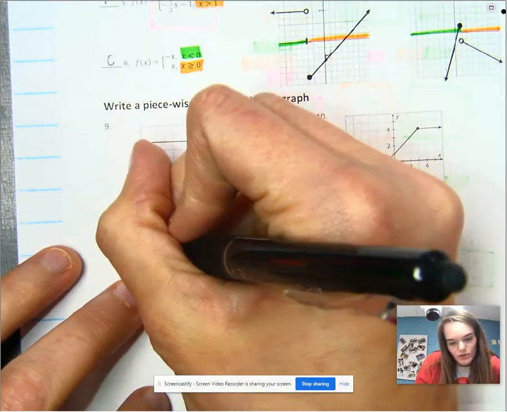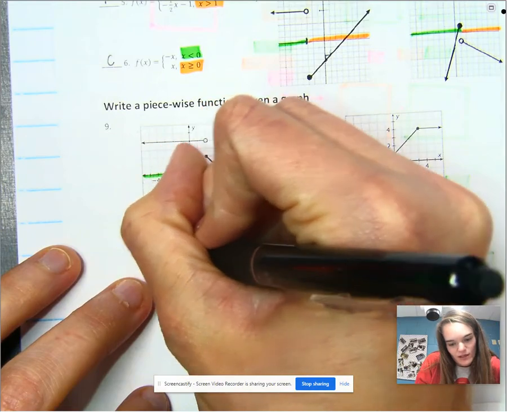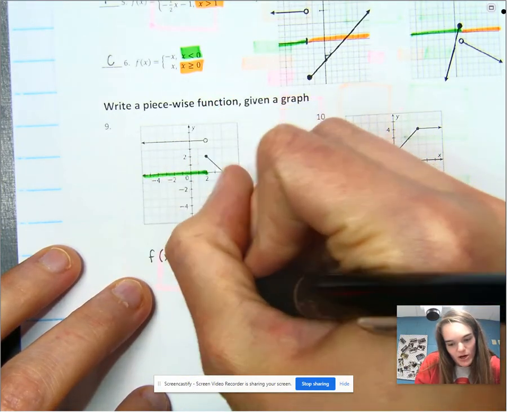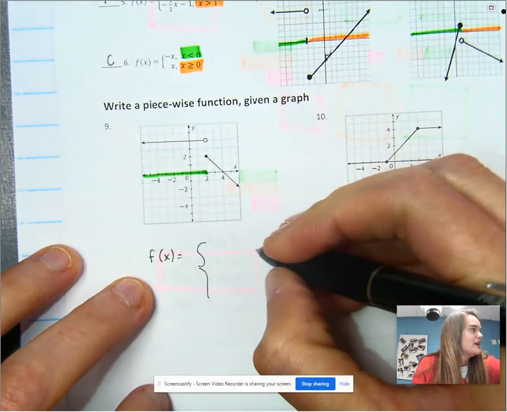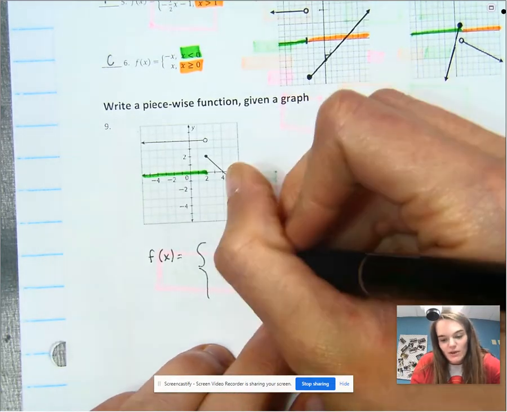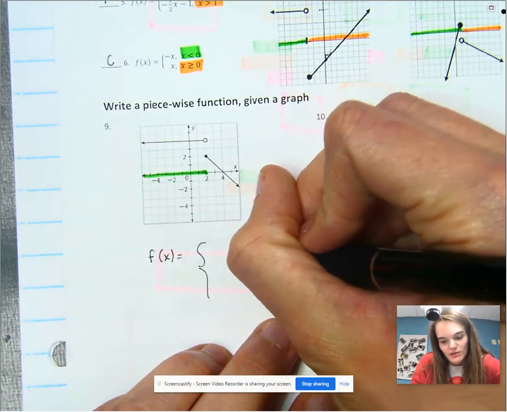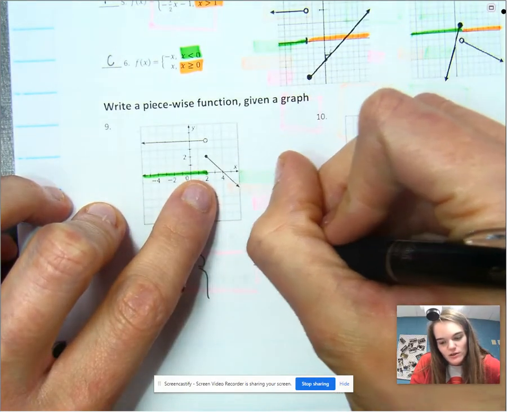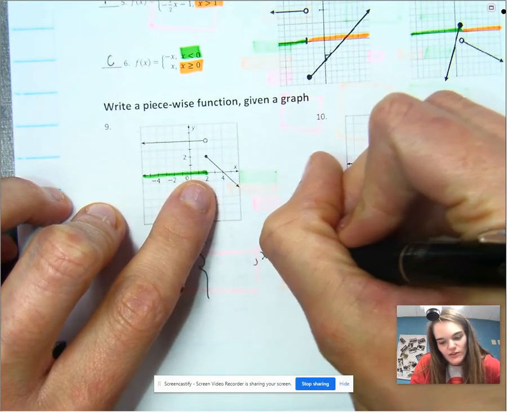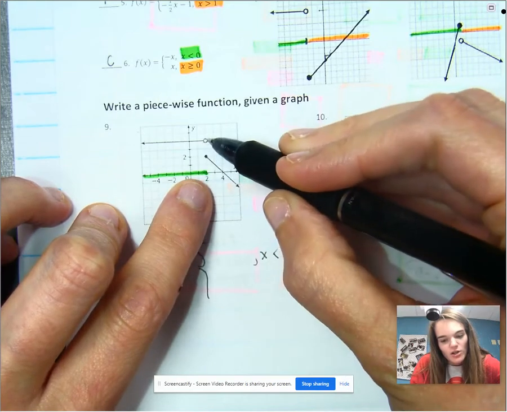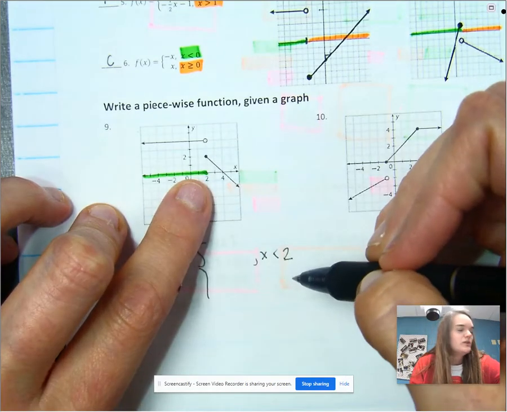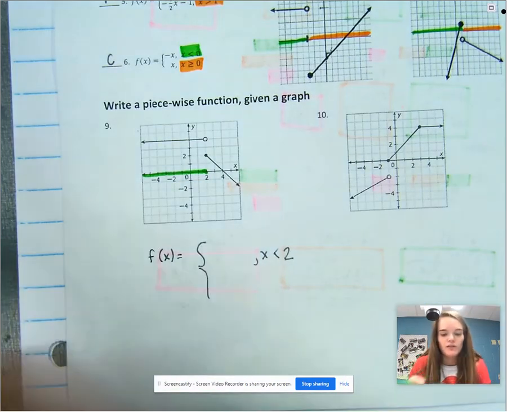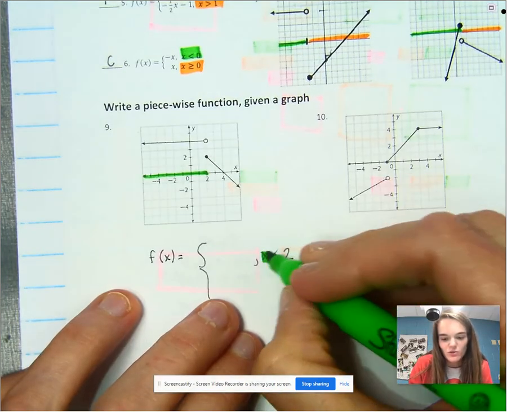So what I'm going to do is make an f of x equals, make a curly bracket, and put the domain over here. So an x, these are the numbers smaller than 2, so less than 2. It is no line underneath because that is an open circle. That is this part. X is less than 2.